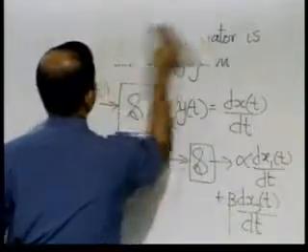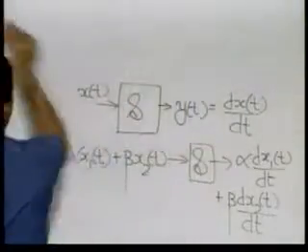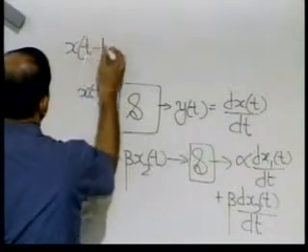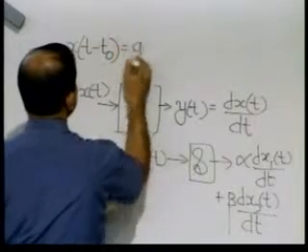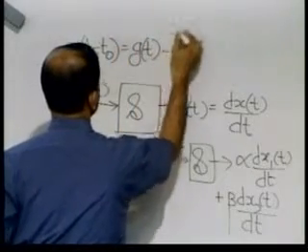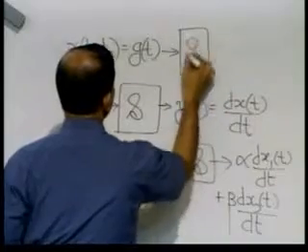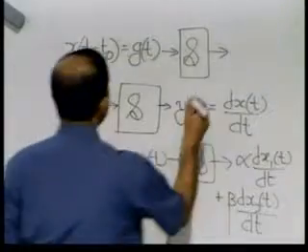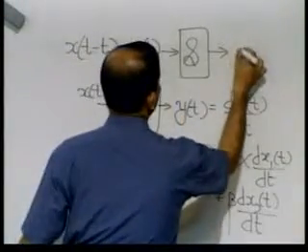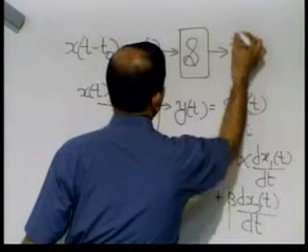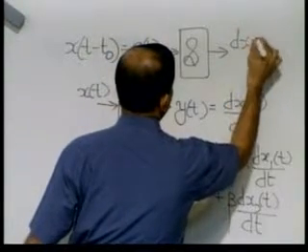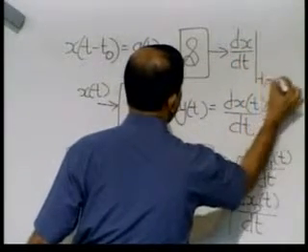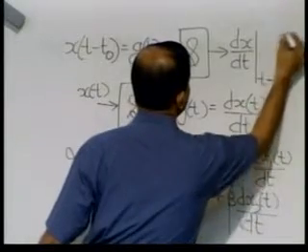So in fact, let the input to the system be x of t minus t0, and let's call x of t minus t0 g(t). When we feed this into the system, the output is dg(t)/dt, alright, and dg(t)/dt, as you can see, is clearly dx/dt evaluated at t minus t0 and d/dt of t minus t0.